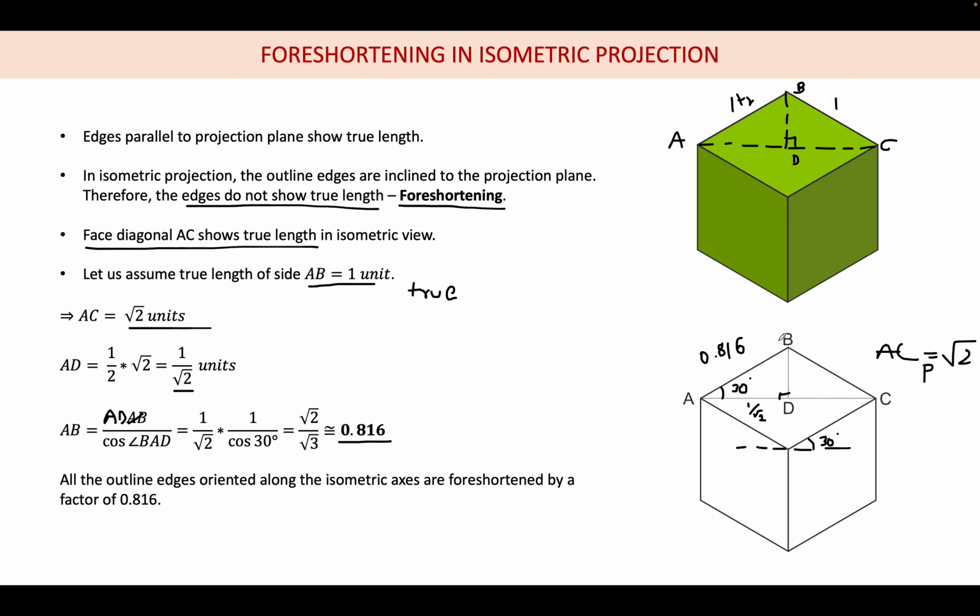Okay. So again we have to differentiate between the true length and the projected length, because as I told, the foreshortening process occurs, but this AC alone gives us the true length because it will be parallel to the screen. So because of that, this will be root 2 and this will be half of that, and by trigonometry we are finding AB.